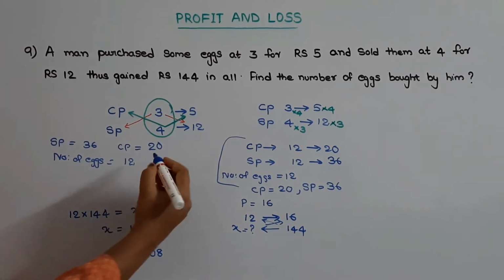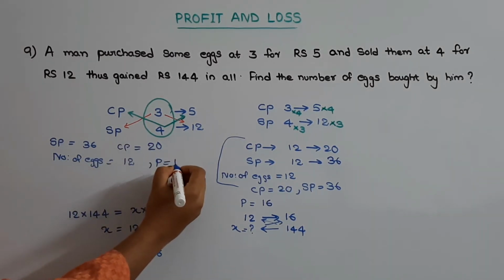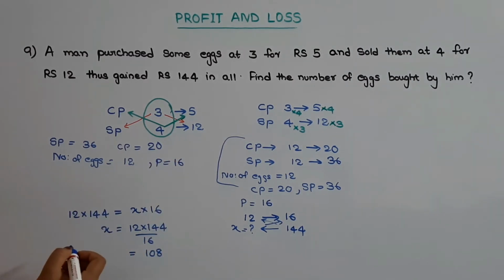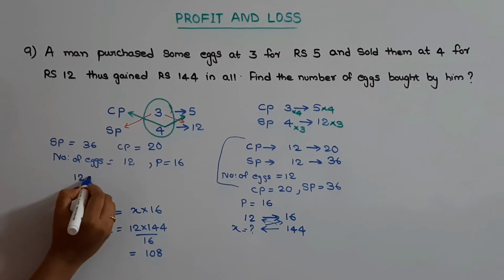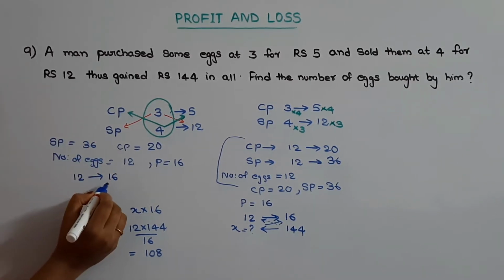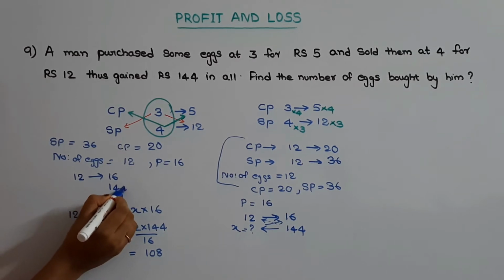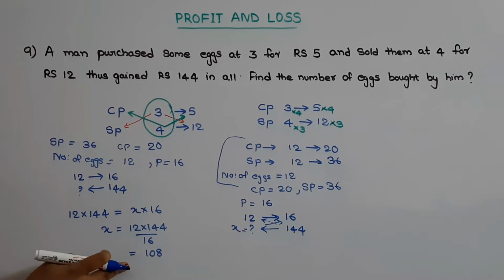Then the profit will be 36 minus 20, that is 16. So the profit for 12 eggs is 16. Then what will be the number of eggs when the profit is 144? On finding this, you will get the answer as 108.